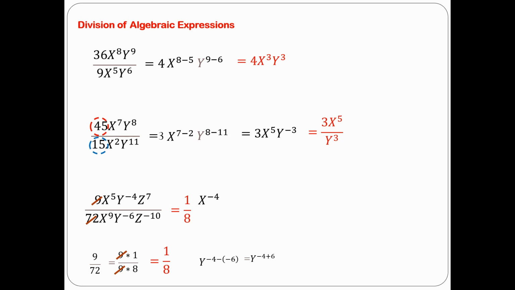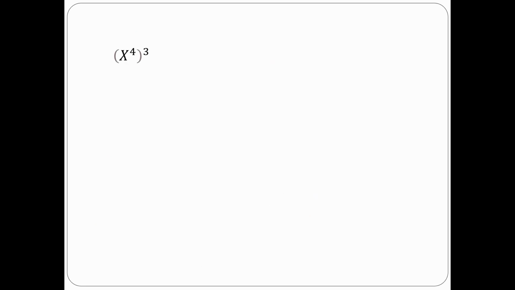So negative 6 is positive 6 and this will give you y to the second. Now for z variables, it will give you z to the 7th power. Since the exponent of x is negative, it will move to the bottom of the fraction and therefore the final answer is y squared z to the 7 over 8x to the 4.